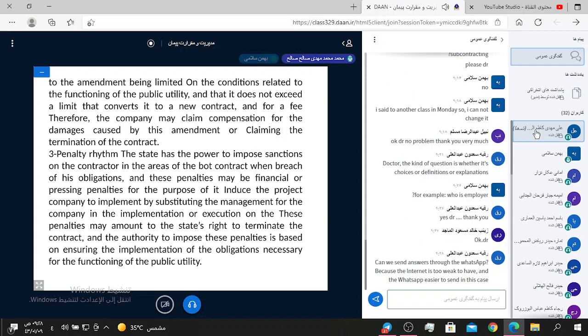All of this may amount to the state's right to terminate the contract. The authority to impose this termination is based on ensuring the implementation of the obligations necessary for the functioning of the public authority.